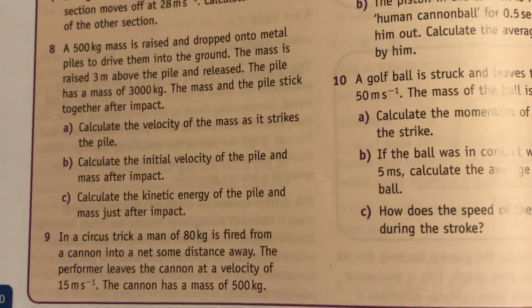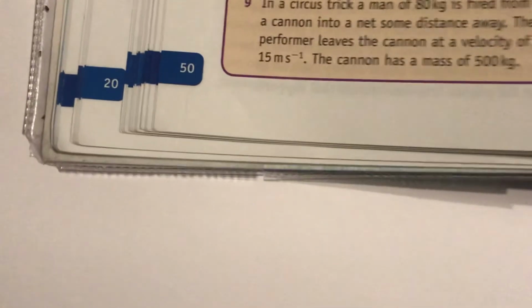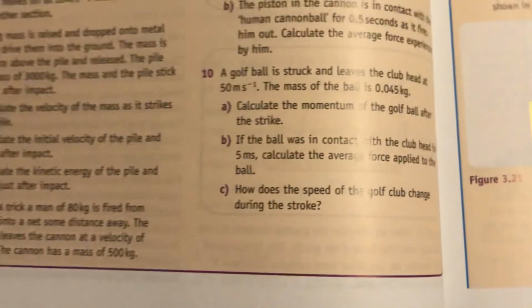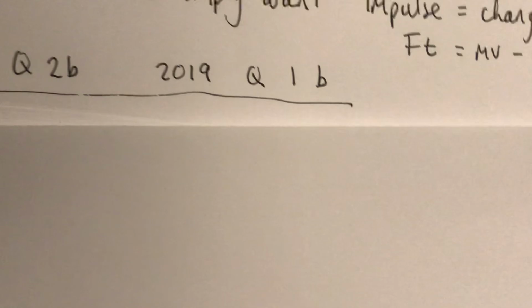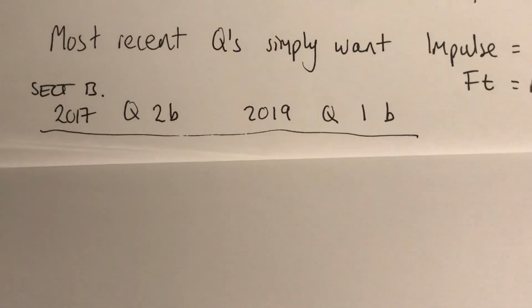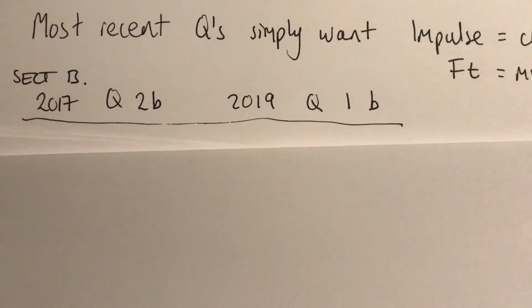You could do these questions from page 50 of the textbook, which might be a more gentle place to start. Do the page 50 questions, and then when you're happy with those, do the exam questions from 2017, question 2B, and 2019, question 1B. Okay.